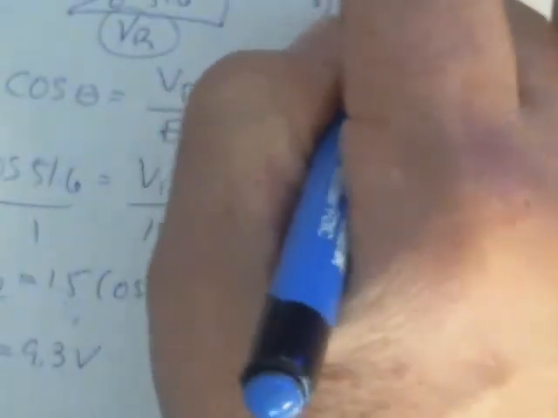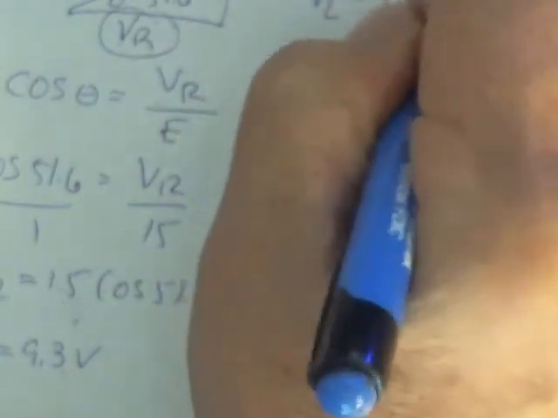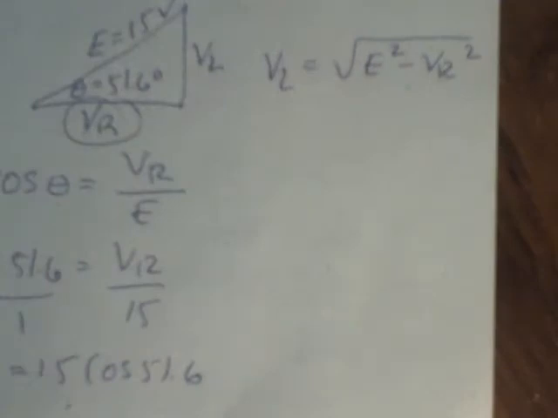To find V sub L, I'm going to use the Pythagorean Theorem, but don't forget, since we know the hypotenuse, we've got to subtract to find V sub L. Okay? So it's getting a little blurry there. Come on now, focus for me.